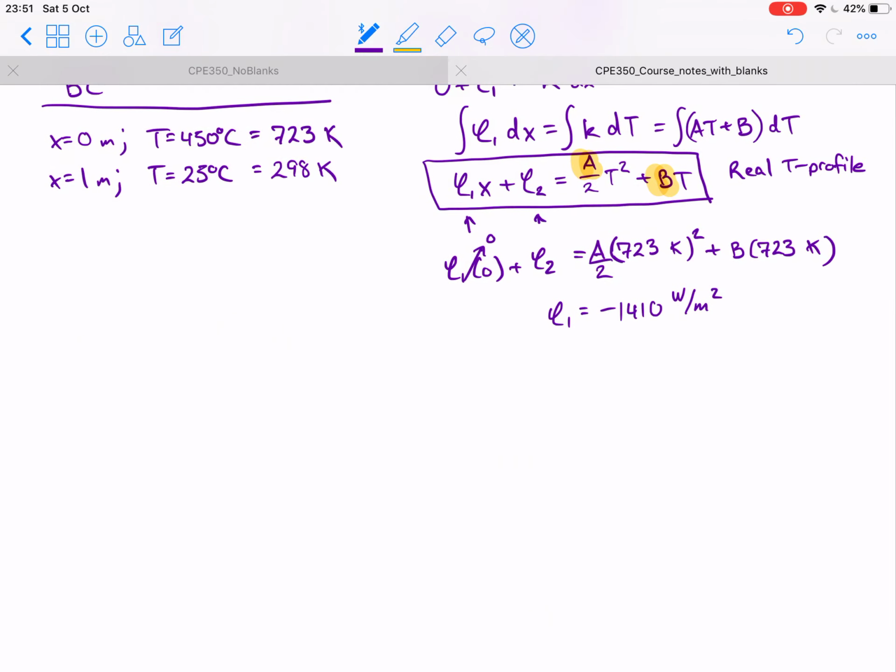And once we know C1, we can plug that back into the equation with our second boundary condition at 1 meter. And this is for a temperature of 298 Kelvin.